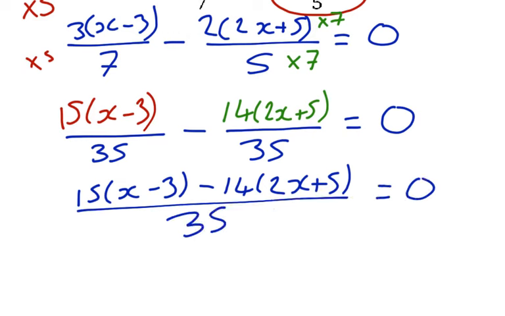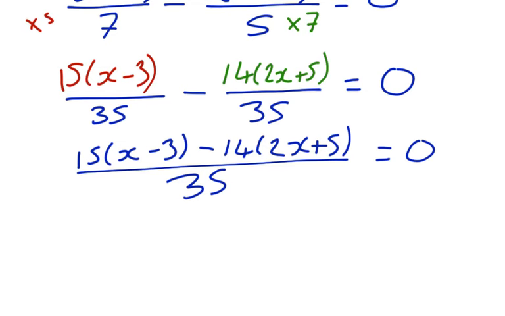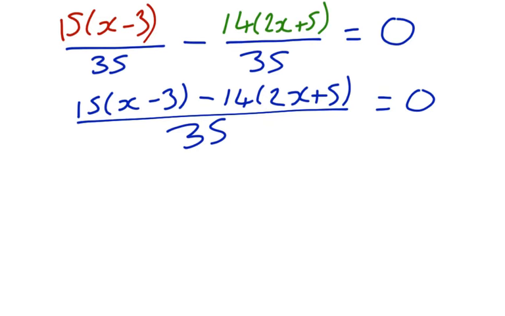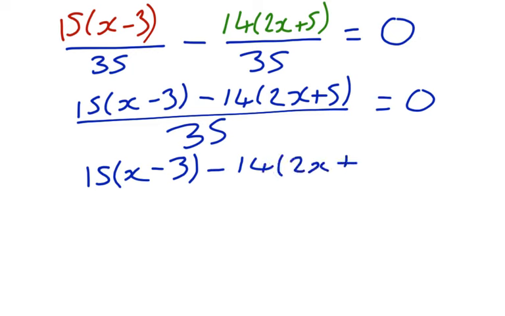We get rid of the fraction by multiplying by 35. In this case, multiplying by 35 does nothing to the other side because it's timesing by 0, so we get 15(x - 3) - 14(2x + 5) equals 0.